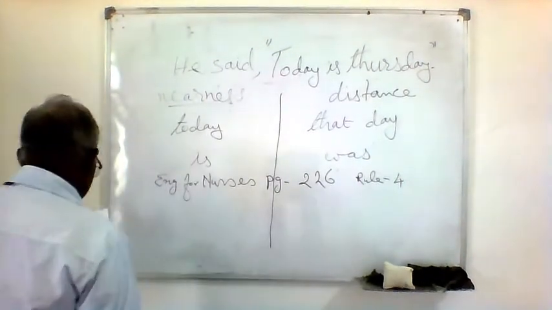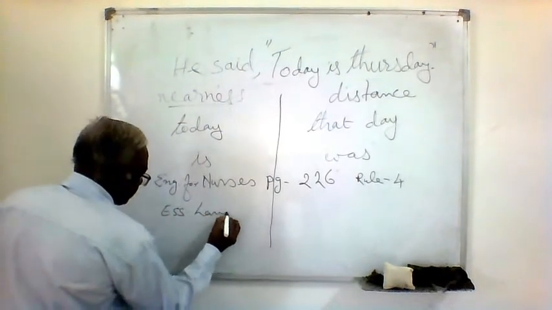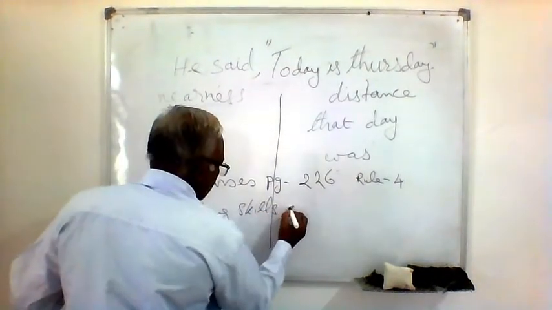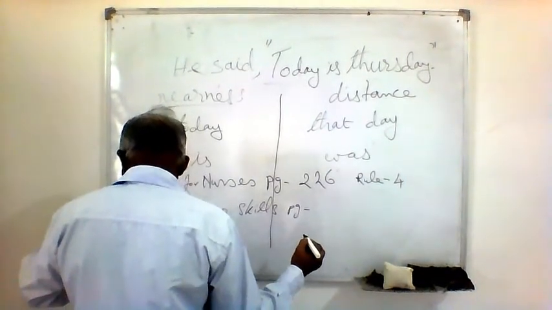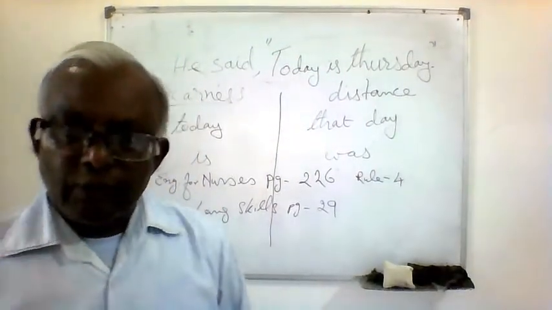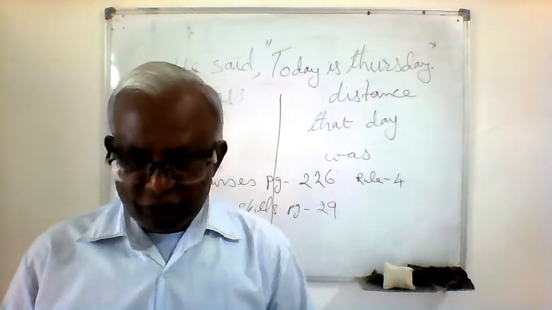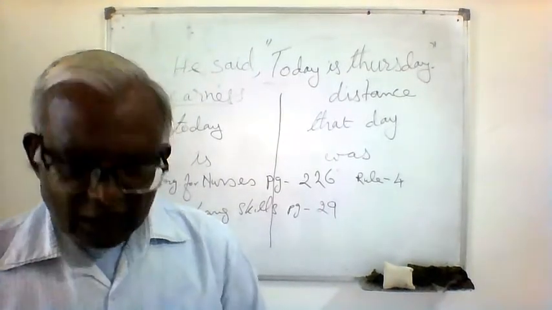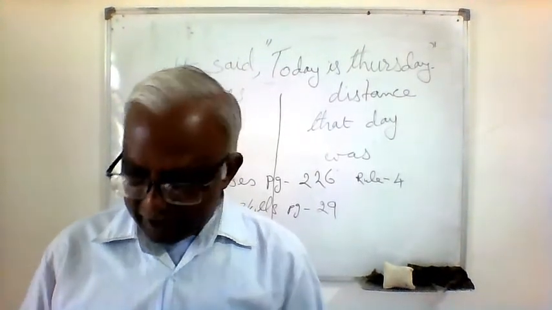And in your Essential Language Skills, page 29. In this, you will find a list of words of nearness and words of distance, which you will learn by heart. Now we take actual sentences and we turn them into reported speech, type wise, and as many as we can do today.